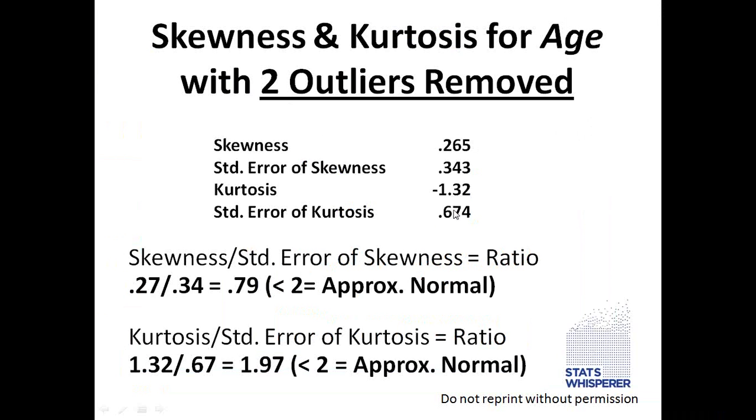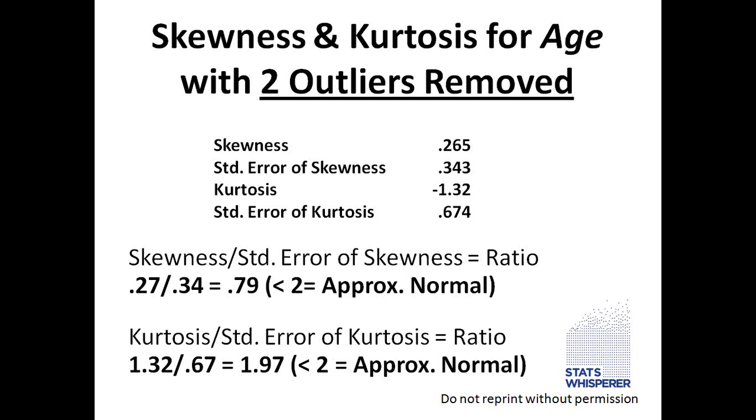Our new skewness is 0.265 and the new standard error is 0.343. When we divide that, it comes out to 0.79. Remember before it was 2.88, pretty close to 3, it was pretty high. Now it's below 1, so that's much better.